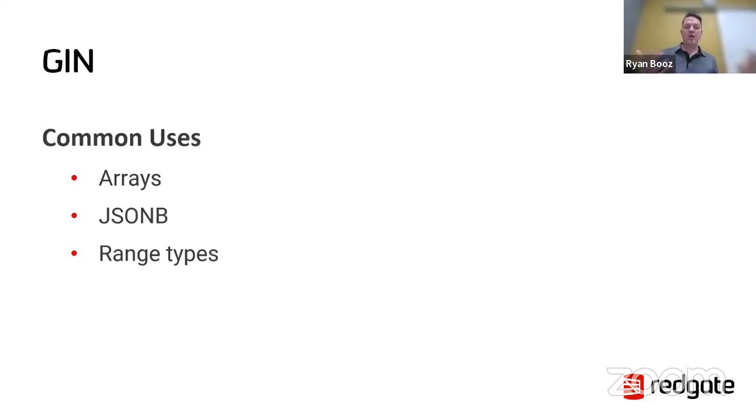Common use cases, again, are arrays, JSONB or JSON columns, and range types. I happen to really like using arrays and range types in Postgres when they are useful. It's really valuable to be able to say, hey, I have this range of values. Think about something like a hotel system where you need to have a check-in and a checkout date.